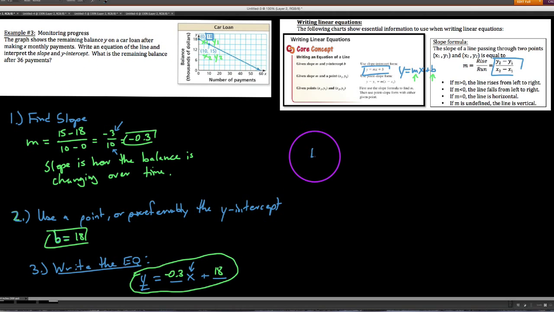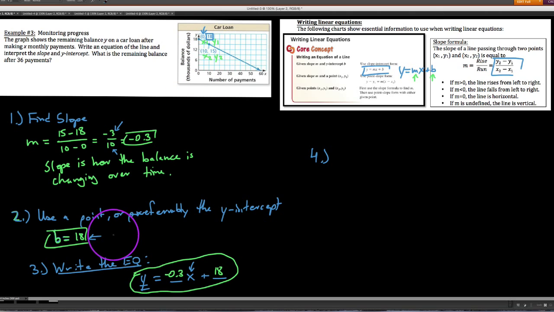So before I answer that, very quickly here, I do want to interpret this. We say, well, what's the significance of the y-intercept here? You know, what would that represent? And, you know, the y-intercept, recall, occurs at 0 here, when x is 0. So basically what we're saying is, well, how many payments have you made? Well, none. So if you haven't made any payments, when was this in your car loan? It was right at the beginning.